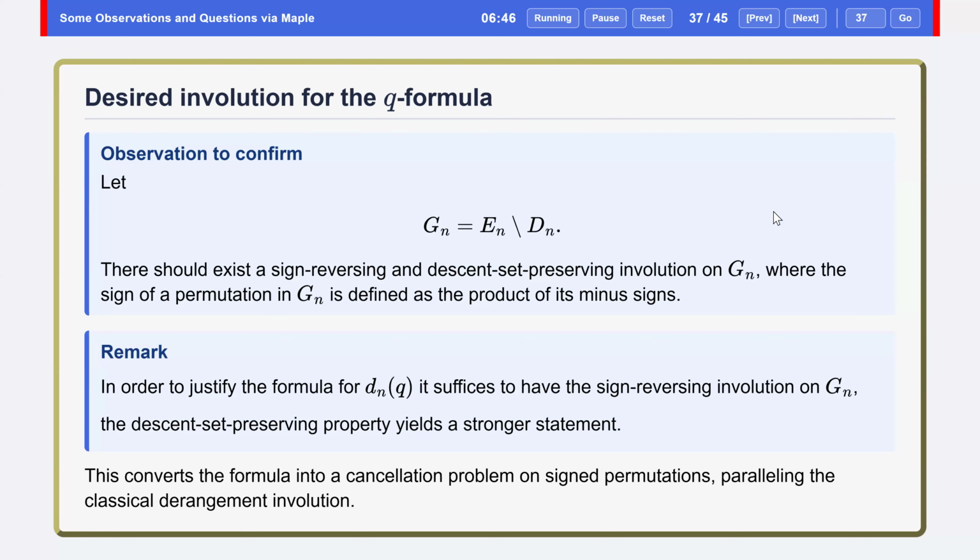By some computation, we found there should be a sign-reversing and descent-preserving involution on G, where the sign of a permutation is defined as a product of minus signs.